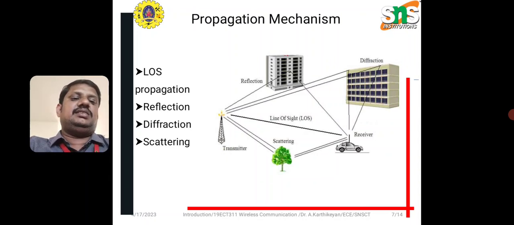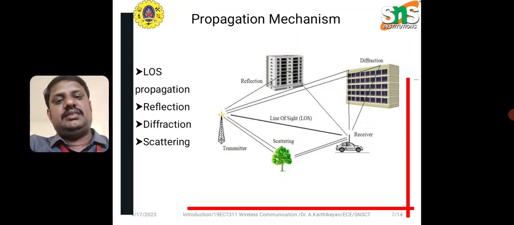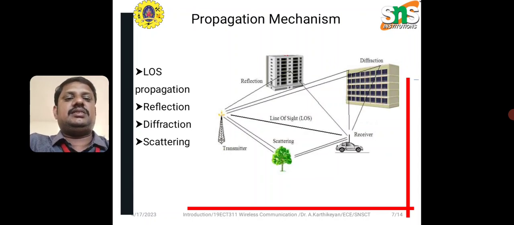Diffraction means the signal diffracts; it is like reflection, diffracting from one place to another. Scattering is also a type, where the signal is sent in another direction. Imagine the transmitter is here, the reflection building is there, the diffraction building is there, and the scattering tree is there.